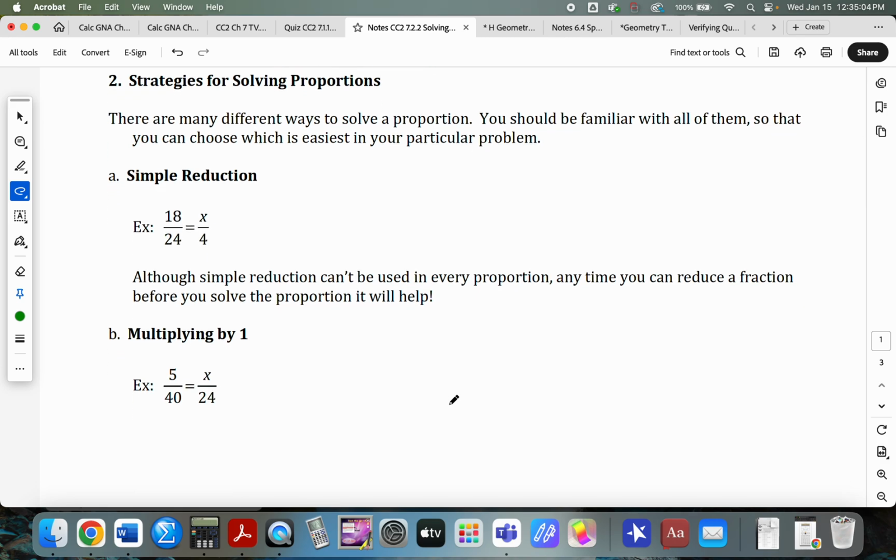There are a whole bunch of different ways that you can solve a proportion. One of them is just simply reducing the fraction. So if I have this one, 18 over 24, what number divides evenly into both 18 and 24? 3. Go bigger. 6.